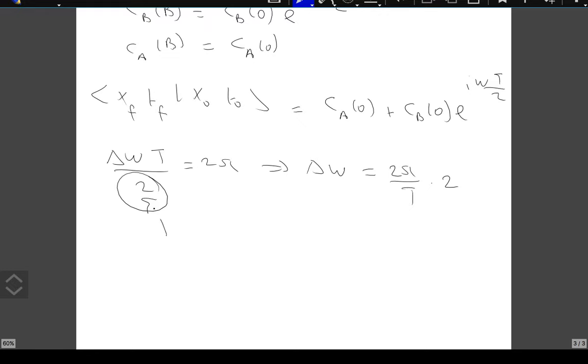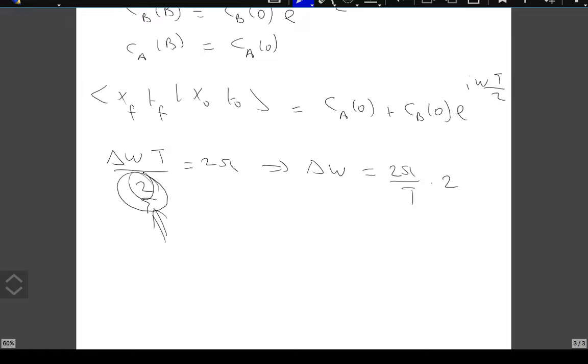And if this factor of 2 were absent, it should have been just 2 pi over t. So that's how we conclude that if you rotate your system by theta, your kets are not really rotating by theta, they are rotating by theta over 2.